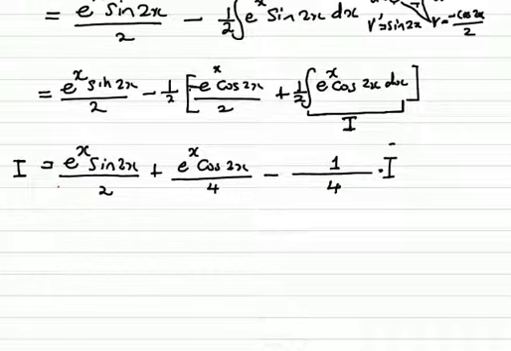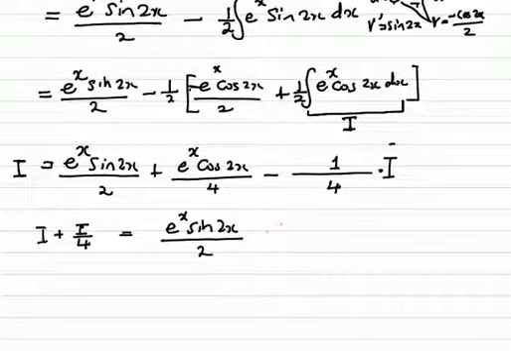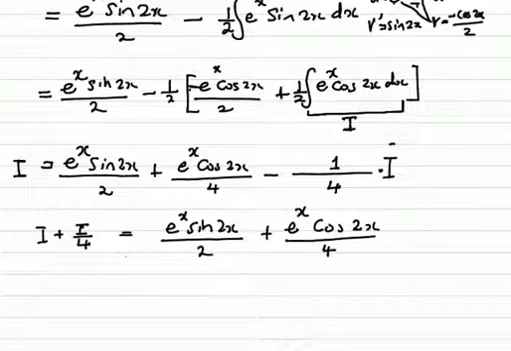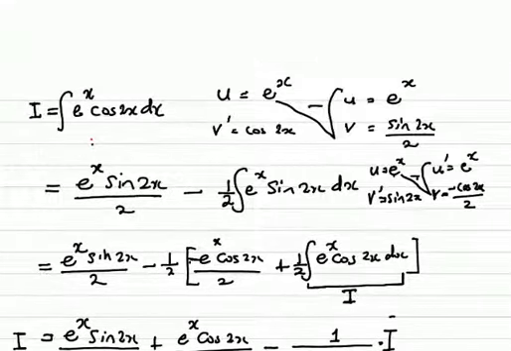So we can group these I's together, which is going to give us I plus 1/4 of I equals e to the power of x sine 2x all over 2 plus e to the power x cosine 2x all over 4.